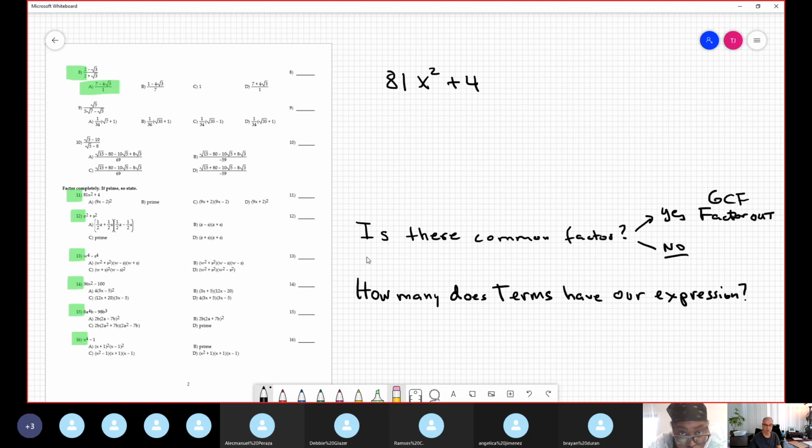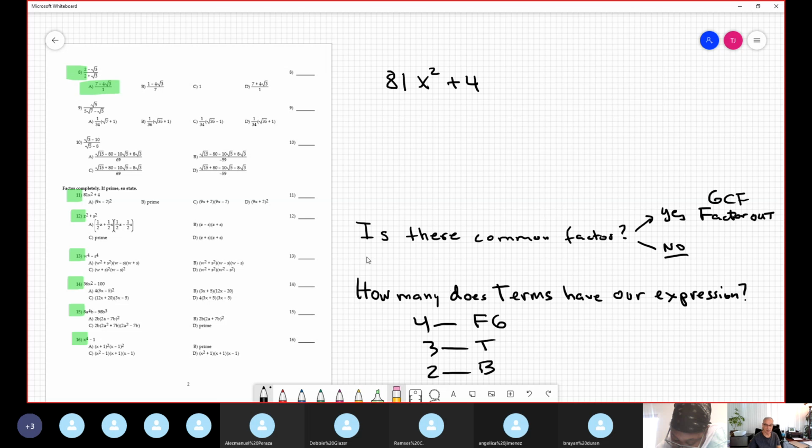The answer to that question is 4, 3 or 2. Four terms is factorization by grouping, three is a trinomial, and two is a binomial. In this case, it's a binomial. Is there a common factor? No, 81 and 4 don't share any factor. It's a binomial.